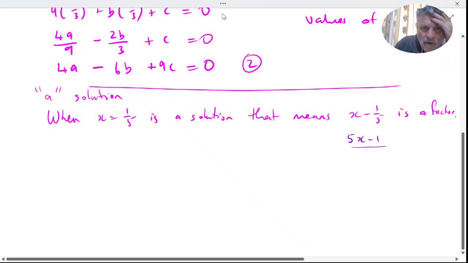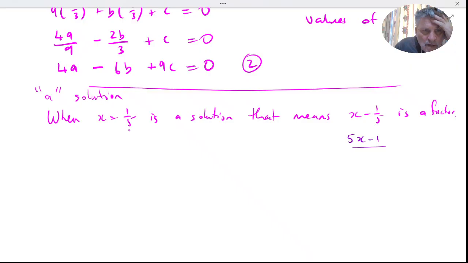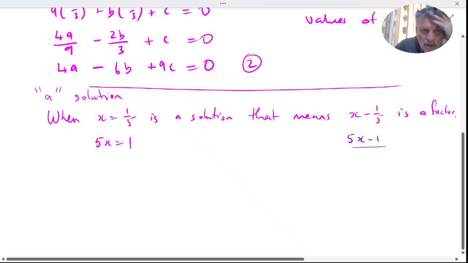A way to do that is to work with this equation here. It will deliver 5x minus 1 equals 0. If we multiply by 5, we get 5x equals 1, so 5x minus 1 equals 0. And that's what you get for a solution.